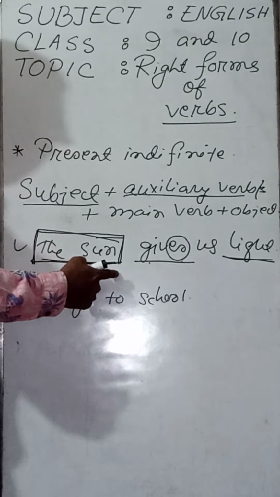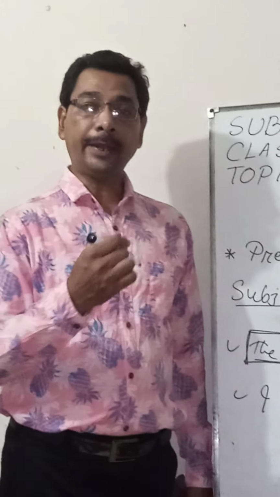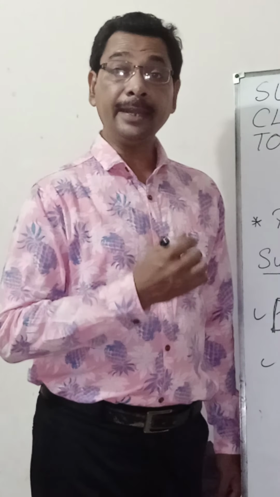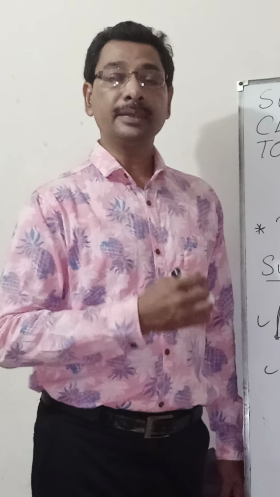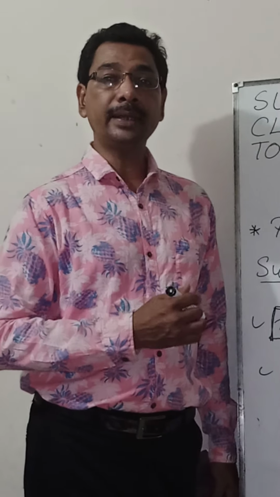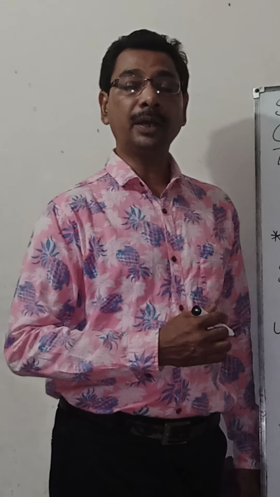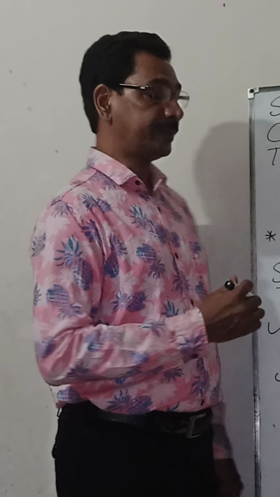This is one important rule. In case of present indefinite tense, if you find the subject is 3rd person singular number, you have to add s or es after the main verb.